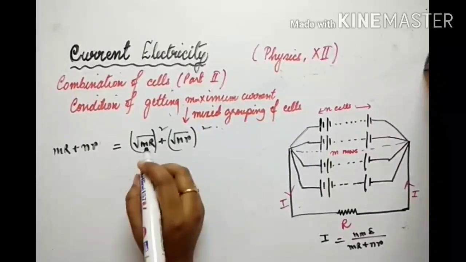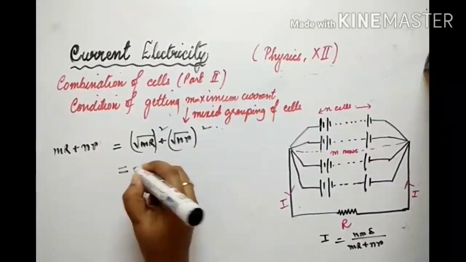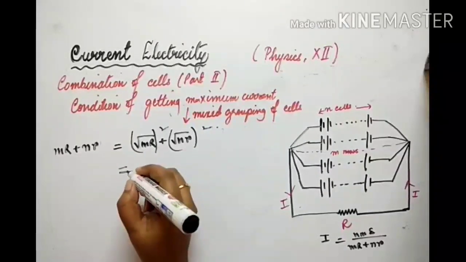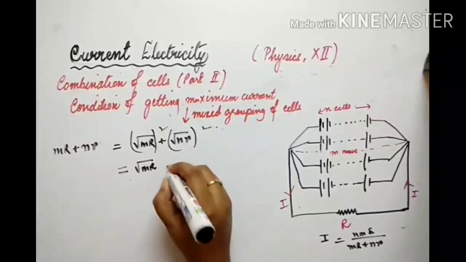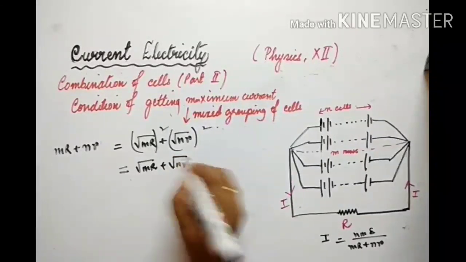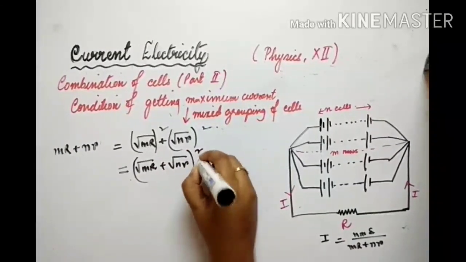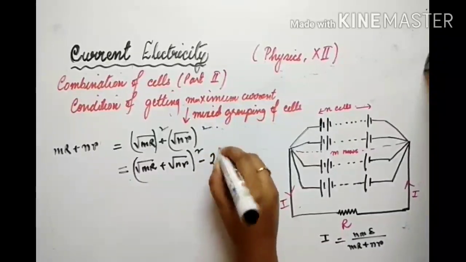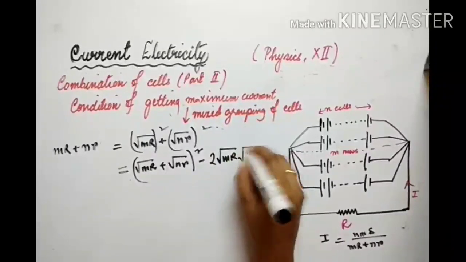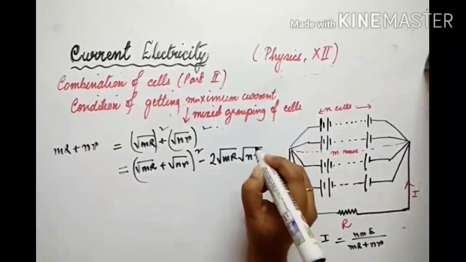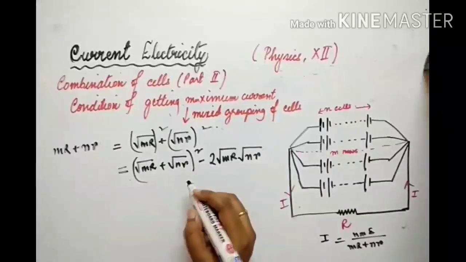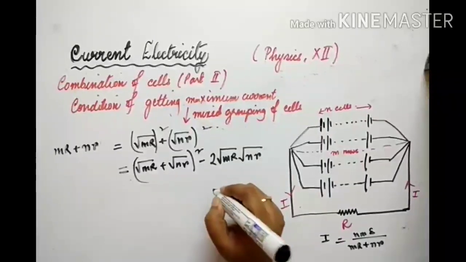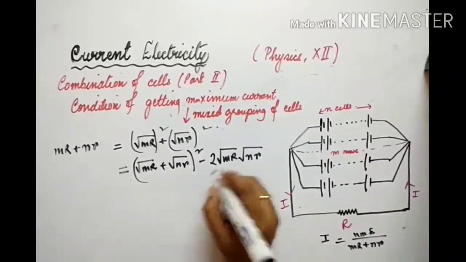We have arranged it in this manner: root over mR plus root over nr whole square, minus twice root mR into root nr.